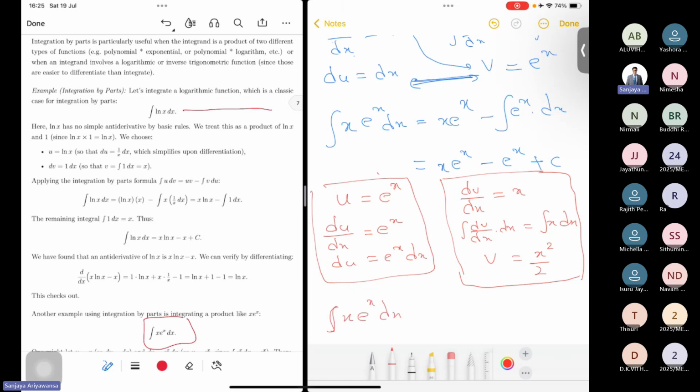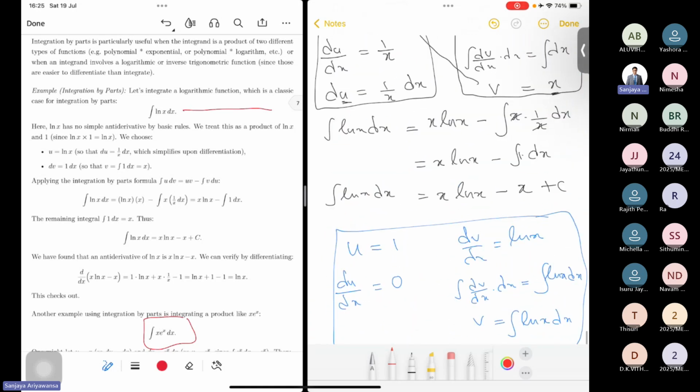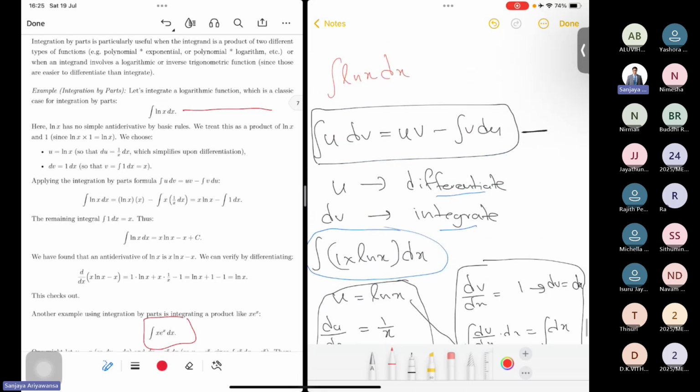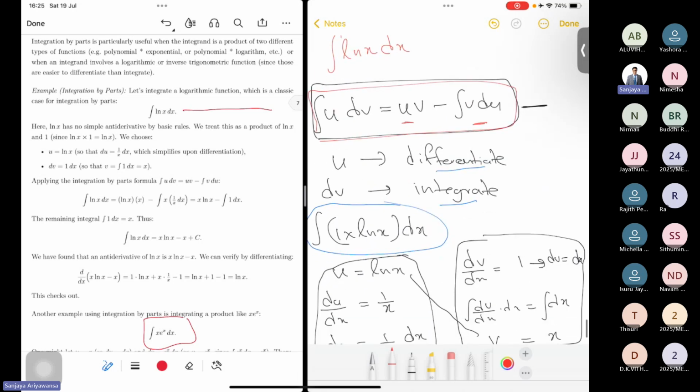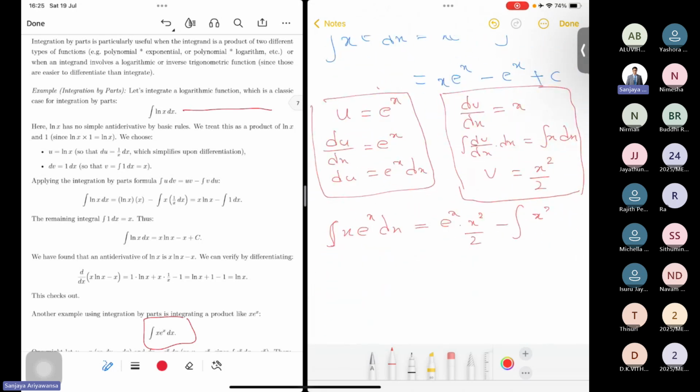Here I have u dv equals uv. u is e to the power x, v is x squared over 2, minus v times du. That's the equation. I'm just simply putting it into this equation over here: uv minus the integration of v times du. v is x squared over 2 times du, which is e to the power x dx.